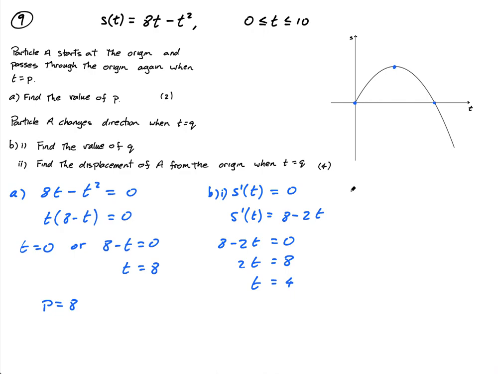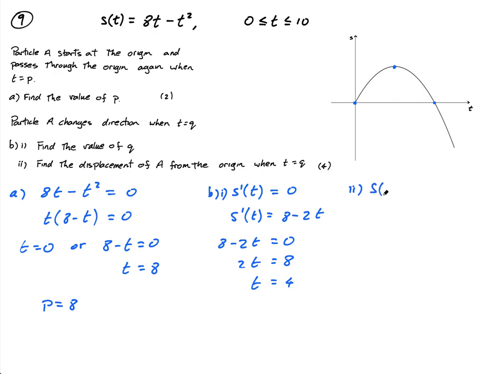And then the second part of B, it says, find the displacement of A from the origin when t equals q. So we want the displacement of A from the origin when t equals q. This gives us the displacement for any t. So I just want to find the displacement for t is equal to 4.